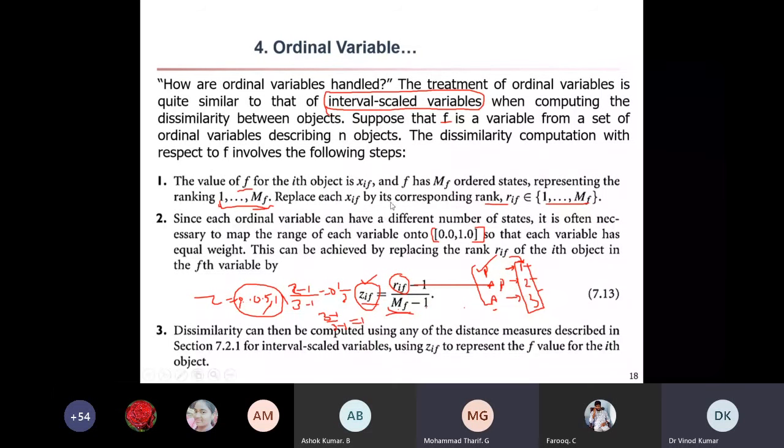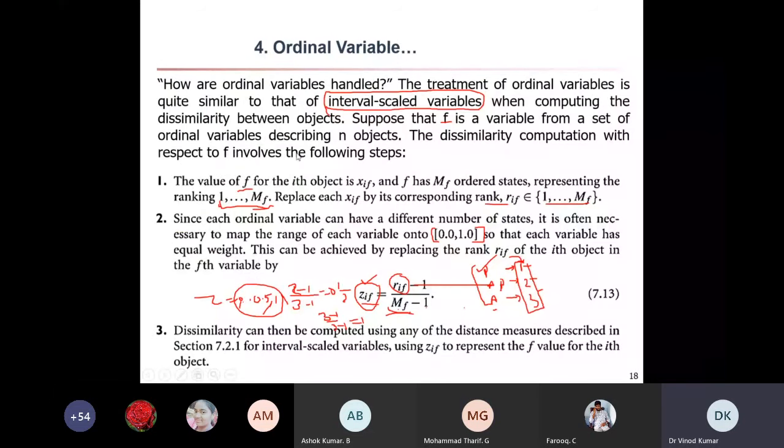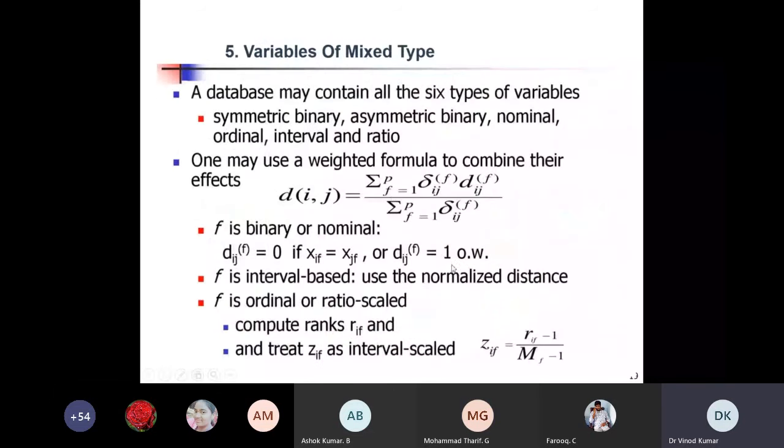So ordinal variables, you understood. Ordinal means it will follow some order, and you can use this formula. The last one is variables of mixed types. Mixed types means all the types of variables will be part of your data set.